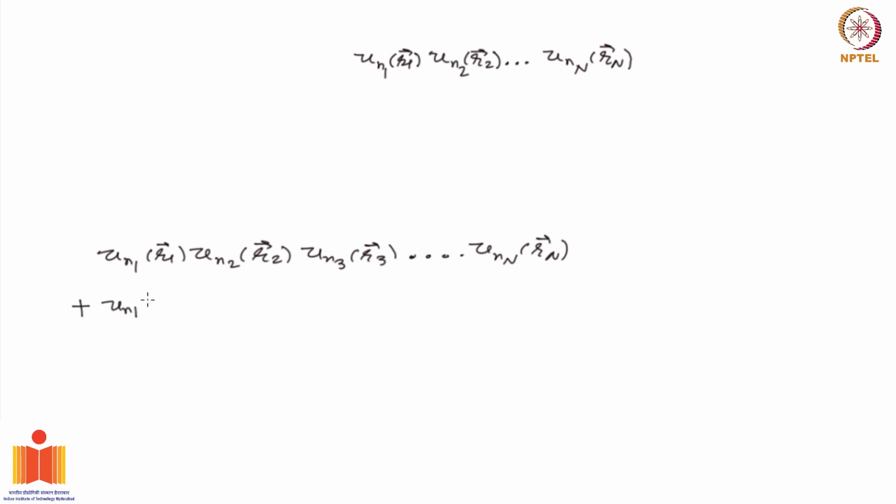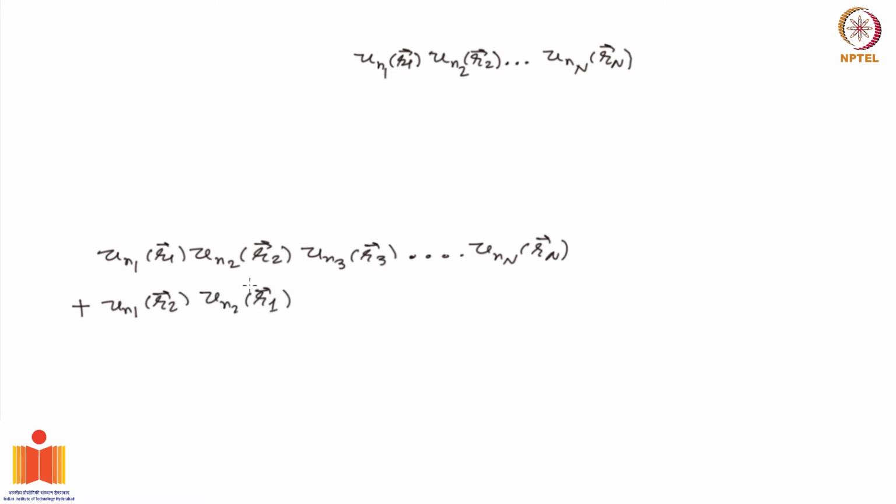I will just write un1 r1, un2 r2, un3 r3, ..., unn rn, just writing down what was above, and then I will add to this un1 r2, un2 r1.